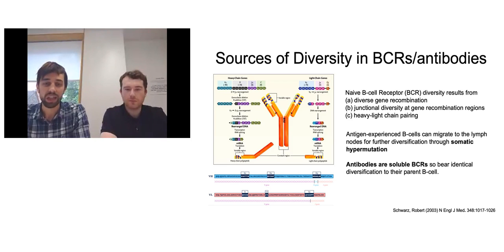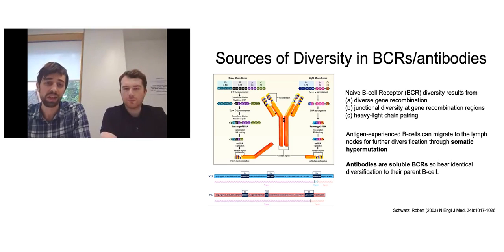In your naive B-cell receptor repertoire, so your receptors that are just probing for any particular response, we have three main diversification mechanisms. First, the variable region is not encoded on a single gene. It's actually encoded across multiple genes, and these genes can be combined in different combinations, which gives us immediate diversity in terms of the chemistry of the binding site.